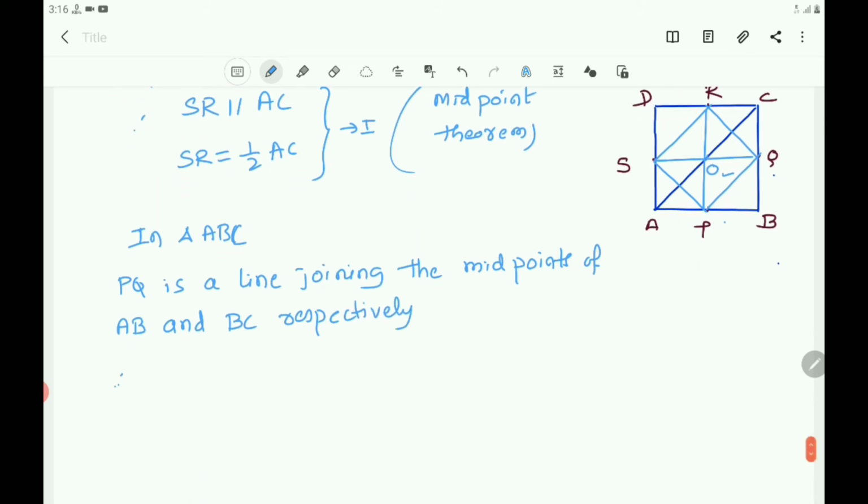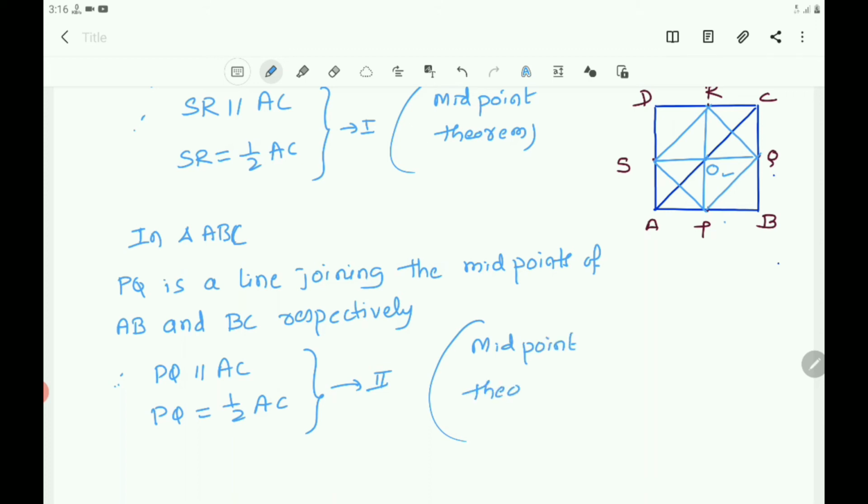Therefore you can have that PQ is parallel to AC and PQ equals half AC. Consider this as the second. The reason is the same, midpoint theorem.